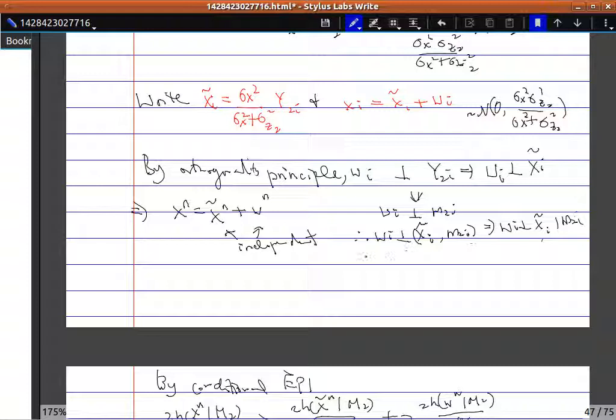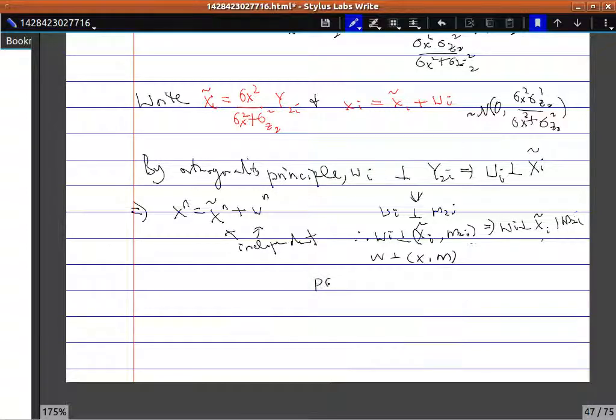So this is actually quite easy to show. If we have w independent of both x and m, then we basically have p(x, m given w) equal to p(x, m).